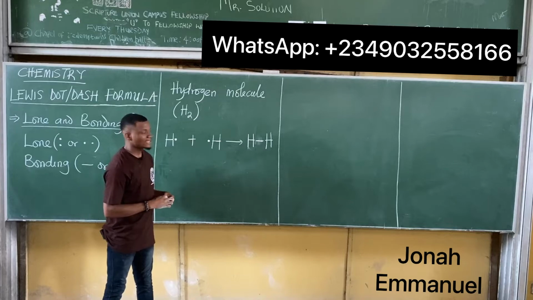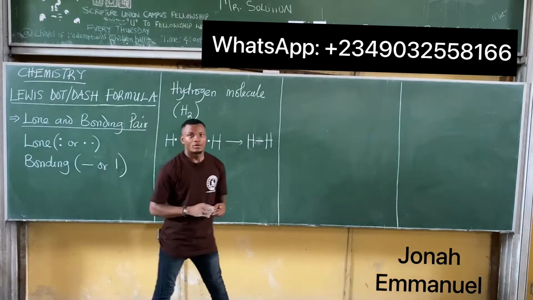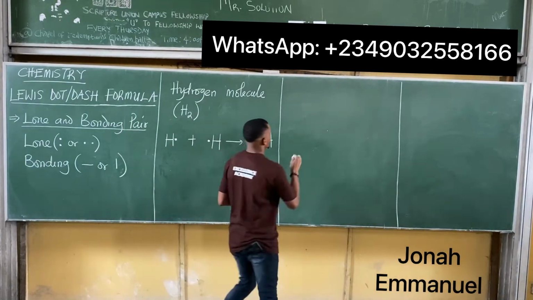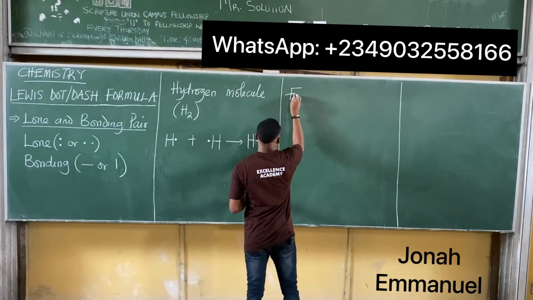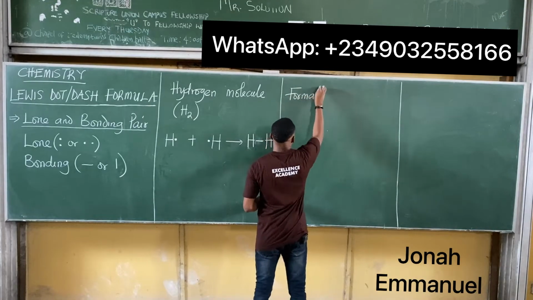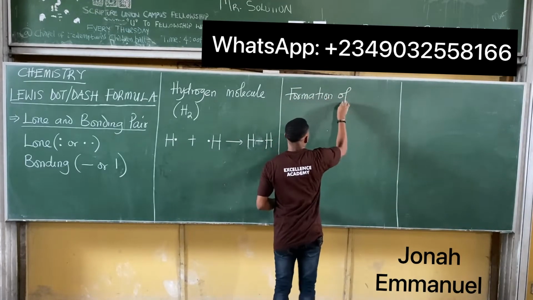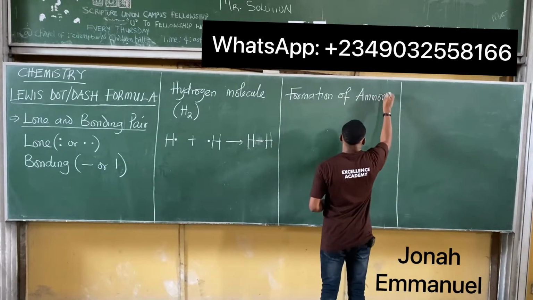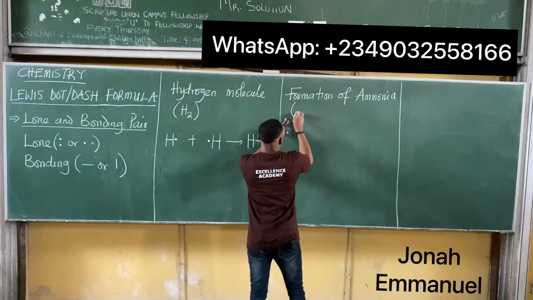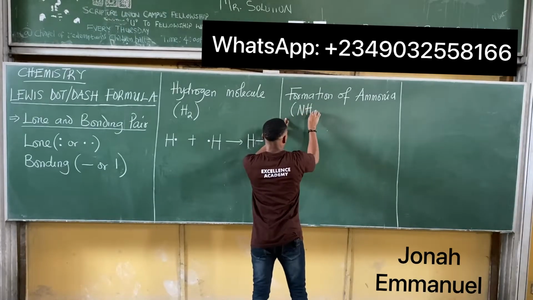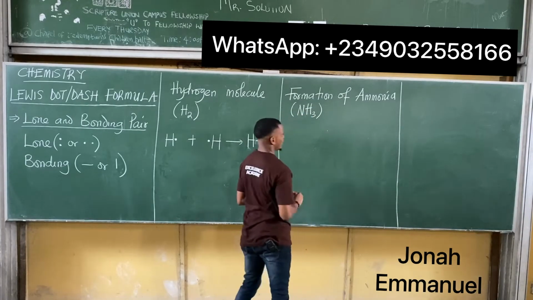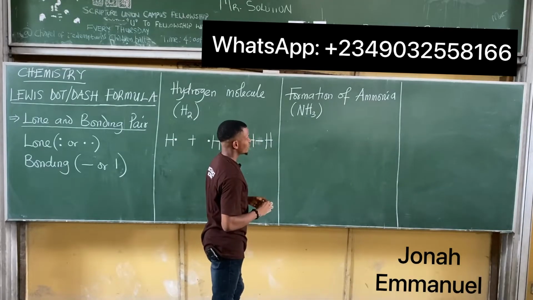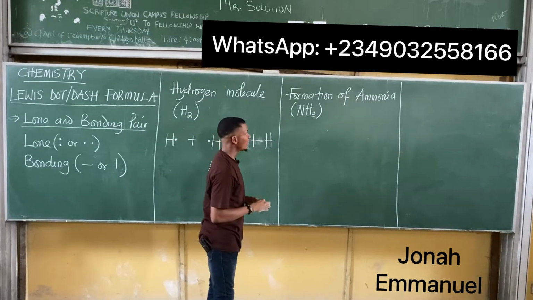Let's look at yet another example. For the next example, let's look at the formation of ammonia, NH3. So look at the formation and see how to write the Lewis dot or dash structure for ammonia.